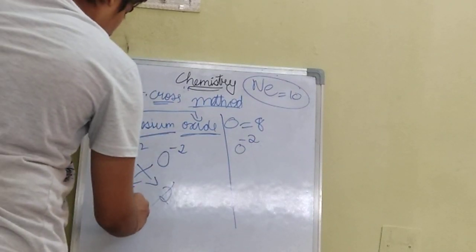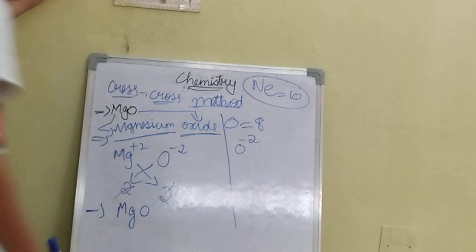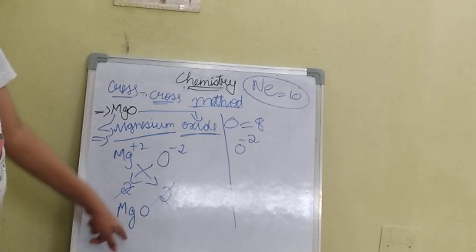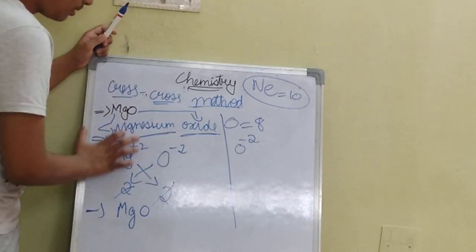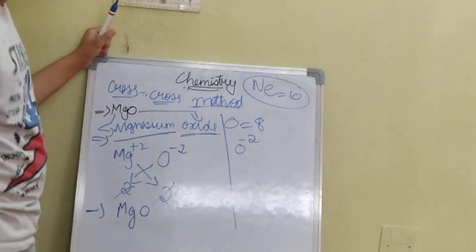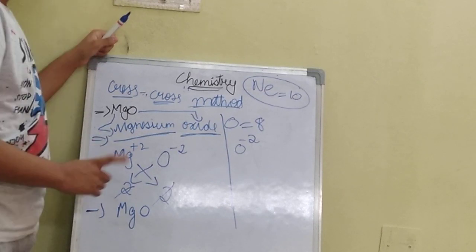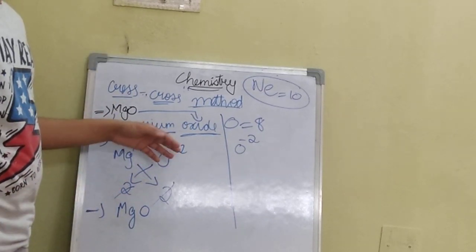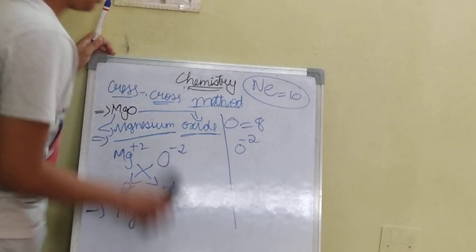Now it will be MgO. Once again I am telling you, magnesium oxide. Mg means magnesium, O means oxide, nothing but oxygen only. Mg plus 2 means loss of electrons, O minus 2 gain of electrons, like that.